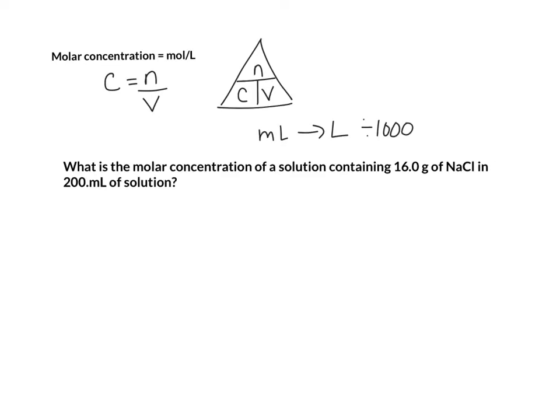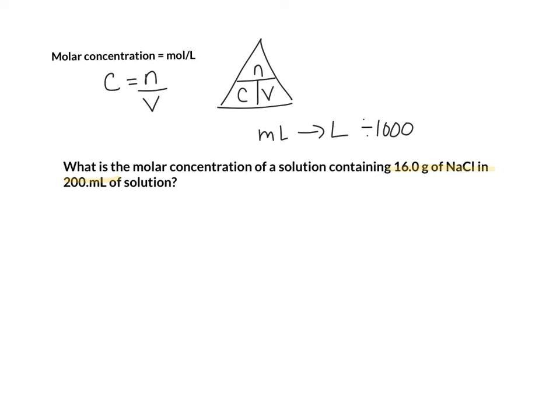Okay, so what is the molar concentration of a solution containing 16 grams of sodium chloride in 200 milliliters of solution? So, we don't have moles, but we do have grams of sodium chloride, and we know we've got 200 milliliters of solution.